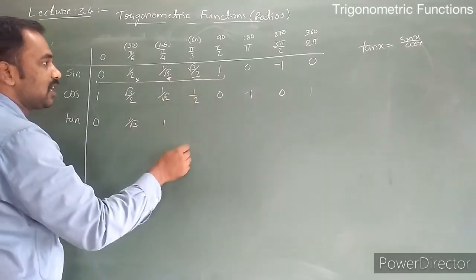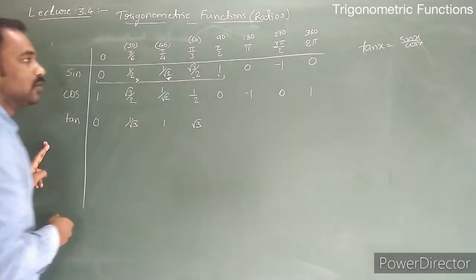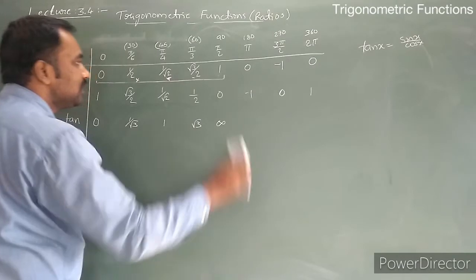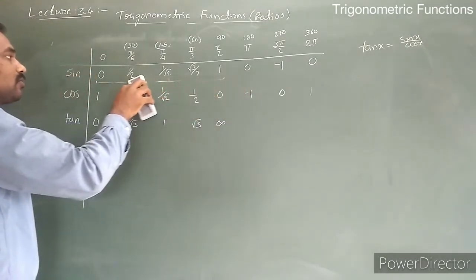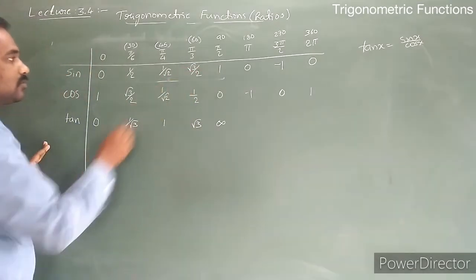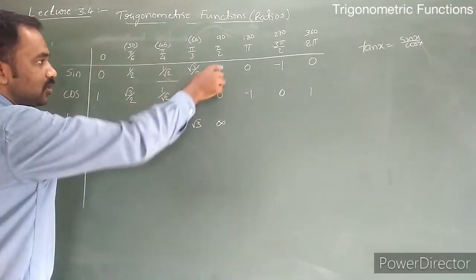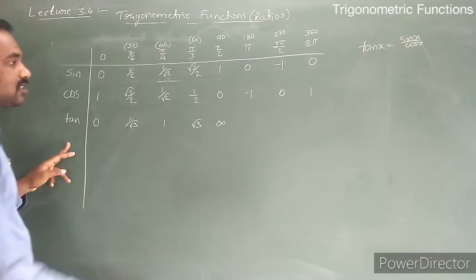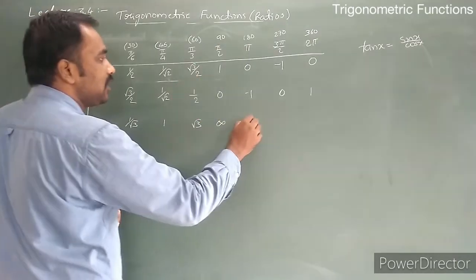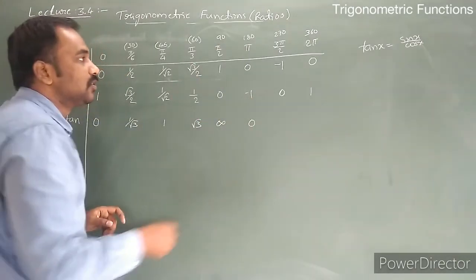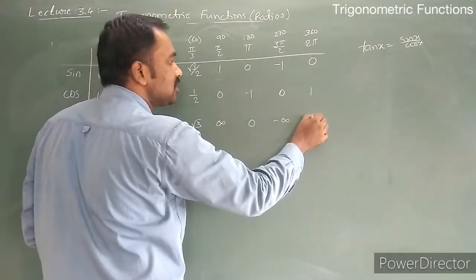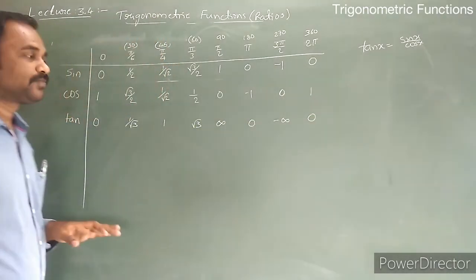Root 3 by 2 divided by 1 by 2 is root 3. 1 divided by 0 is not defined. Similarly, 0 divided by minus 1 is 0. Minus 1 by 0 is not defined, and 0 by 1 is 0.